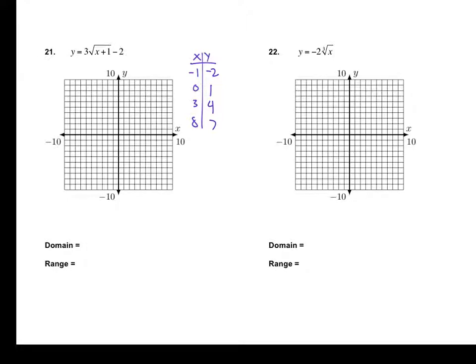So we've got our points. Negative 1, negative 2, 0, 1, 3, 4, and 8, 7. So now our domain goes from negative 1 to infinity, and our range goes from negative 2 to infinity.